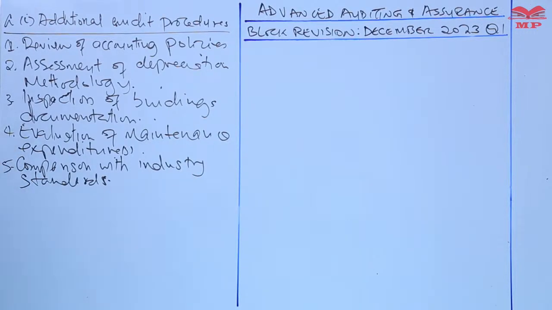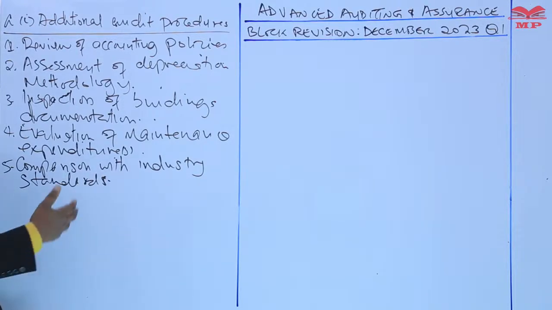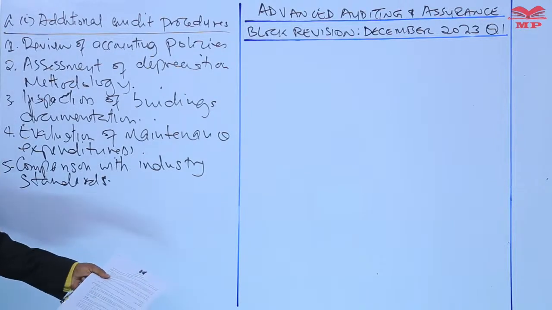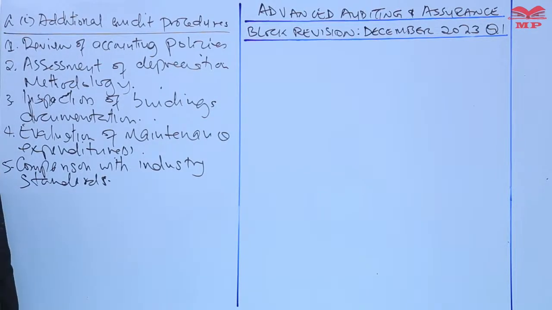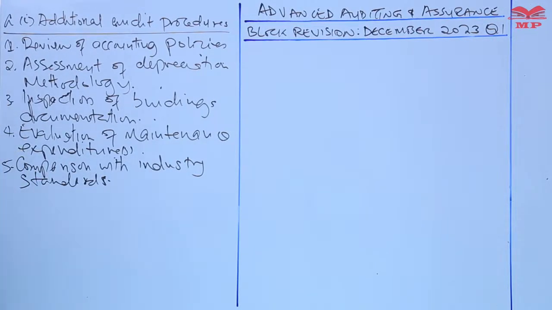What are the depreciation policies? What are the practices in the industry? And what are the standards? What are the norms in the industry compared to what the company is doing? Because industries may have certain average useful life for buildings. The companies may have common depreciation rates that are used within that industry.